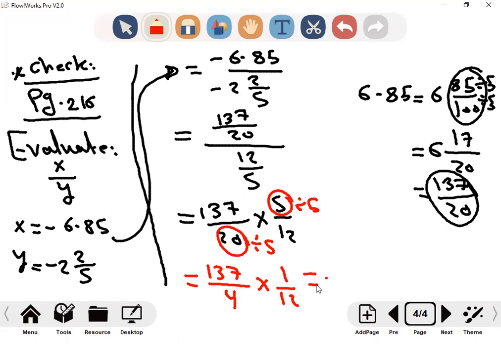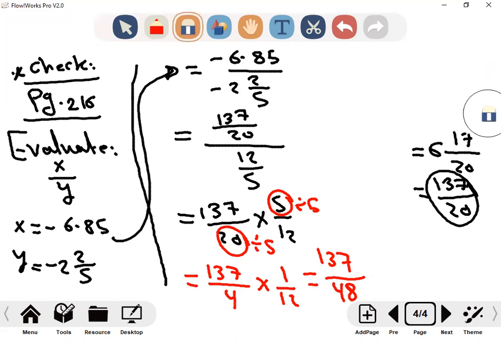This is equal to, down multiply 4 by 12, 48. 137 times 1, 137. Now make long division, check. If you got 685 over 100 and put it here, then simplify, you will get the same answer at the end, don't worry. Okay?